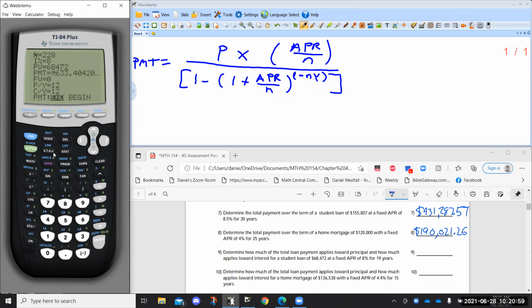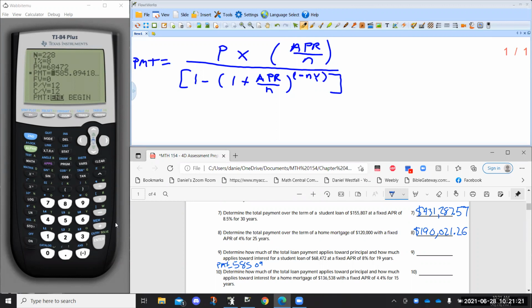We're going to solve this. So we got a payment here of $585.09. So that's what our monthly payment would be.